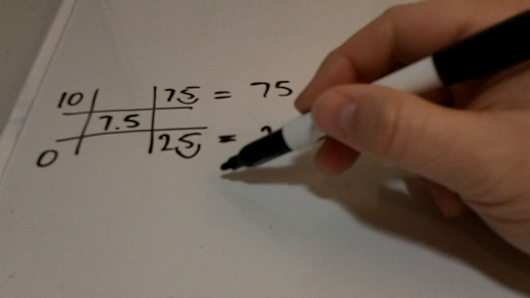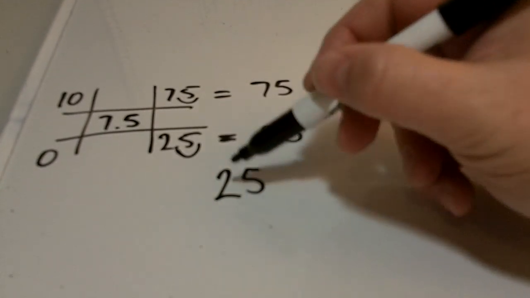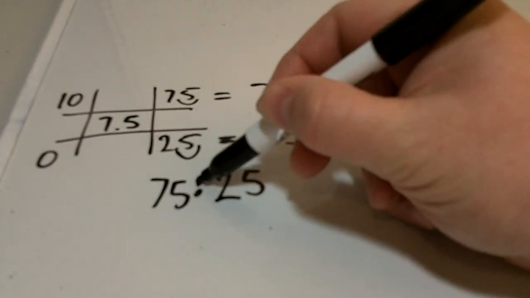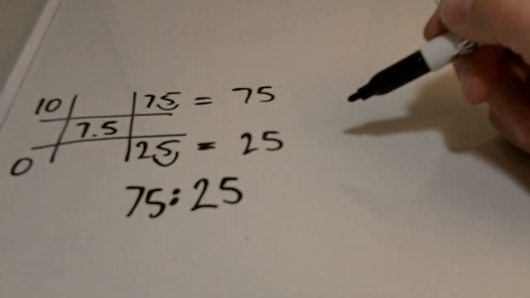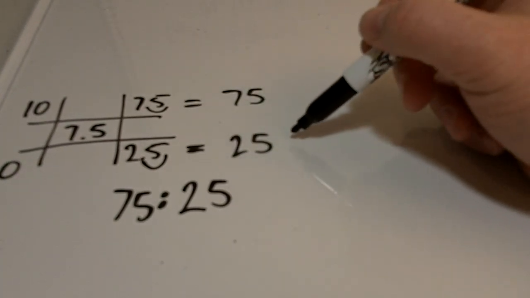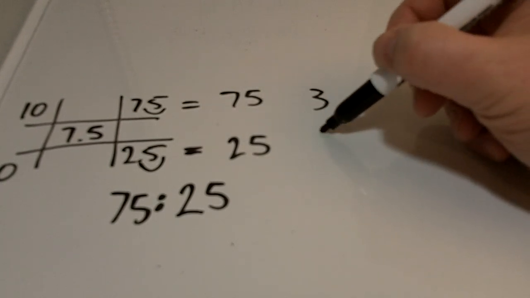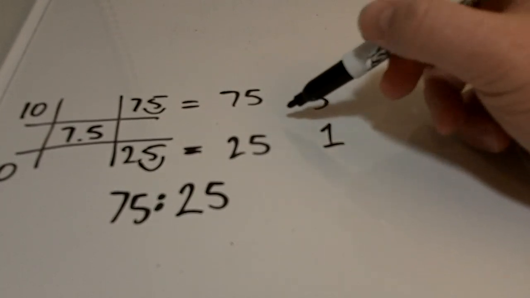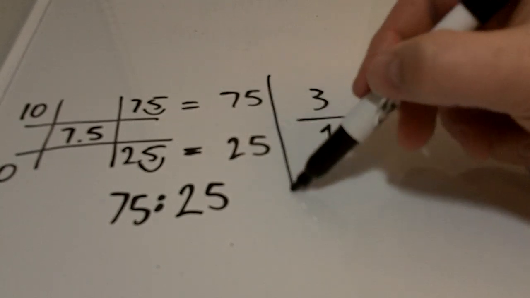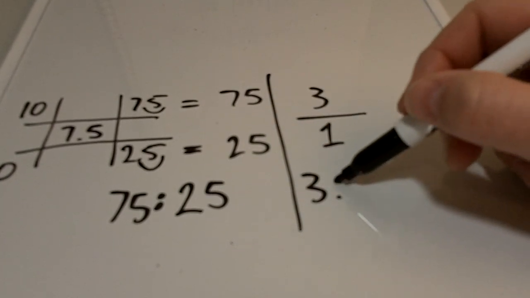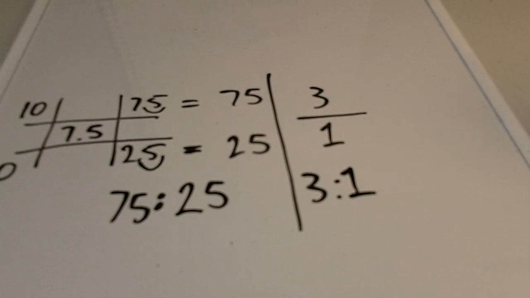And so that's a ratio. But to make it even easier, it looks to me like that could be reduced again down to 3/1. And hopefully you understand where I got that. So what we've got is a 3:1 ratio to work with.